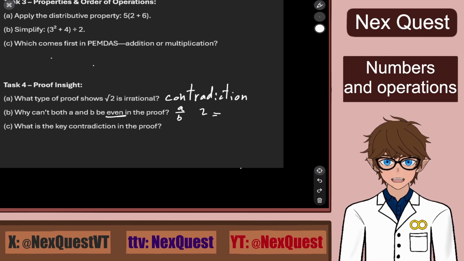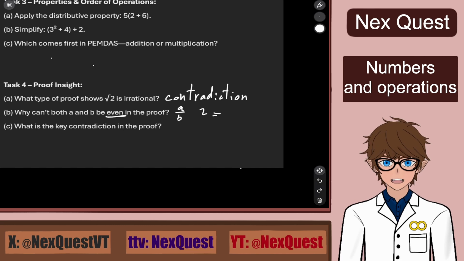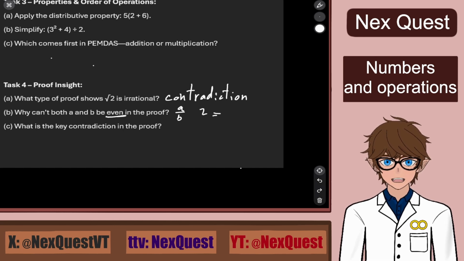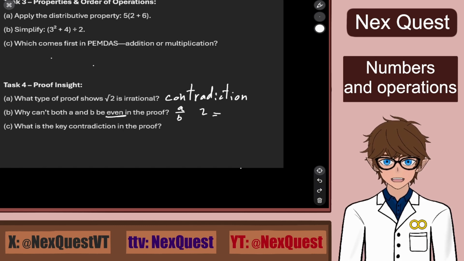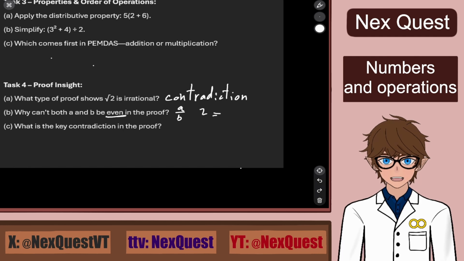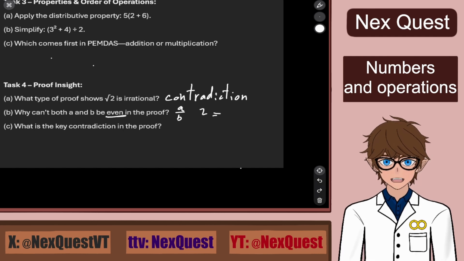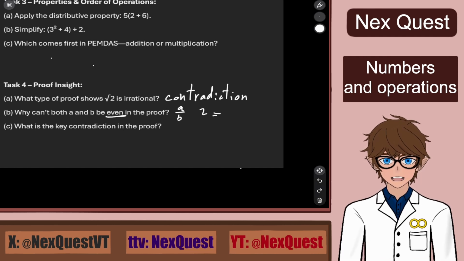What is the key contradiction in the proof? Well, first we defined a over b as having only 1 as their divisor, which means they are simplified to the lowest terms, as said before. And the problem is that through solving the equation of square root of 2 equals a over b, we got the result that a can be divided by 2, so it's an even number, and same for b.